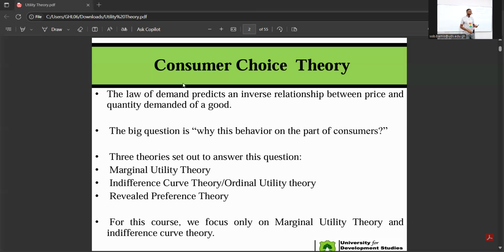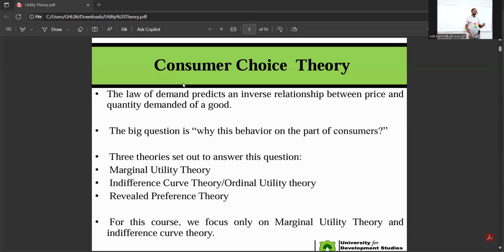So they believe that if you are willing to pay 3 Ghana cedis for this item, then the utility that you are intending to derive from this item is 3 cedis. So what you are willing to sacrifice in order to acquire the product is your utility. That measures your utility.